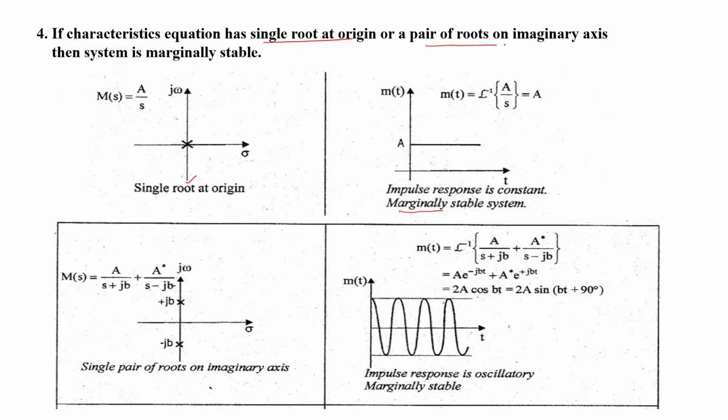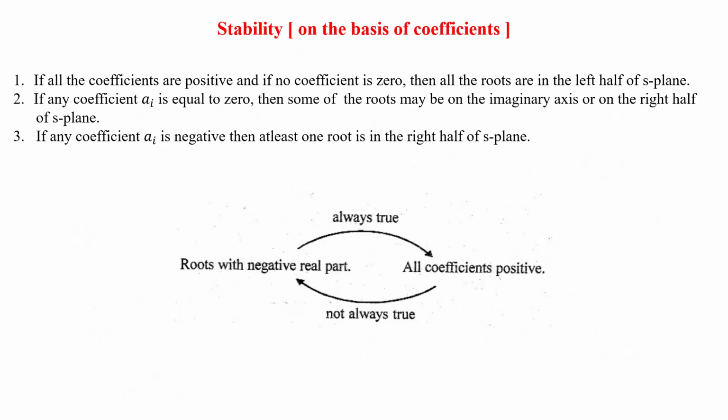Whereas if there is a pair of roots on the imaginary axis, then it is again marginally stable. So for both cases, we have a pair of roots on the imaginary axis. That's why it is again marginally stable. The right side shows the impulse response. Okay, so these are the different conditions on the basis of roots of the characteristic equation.